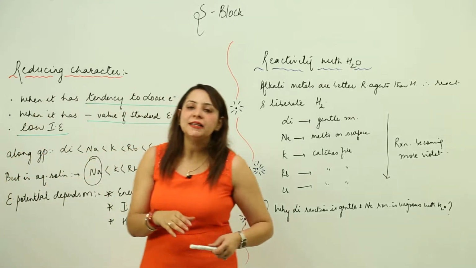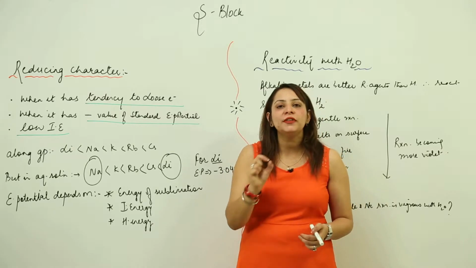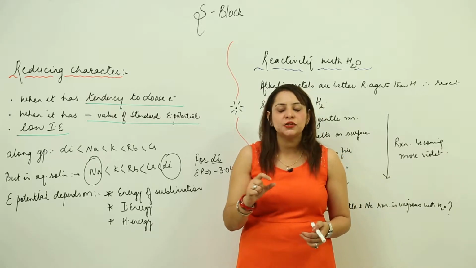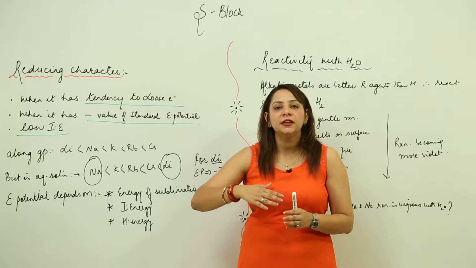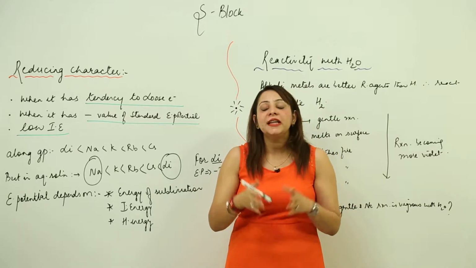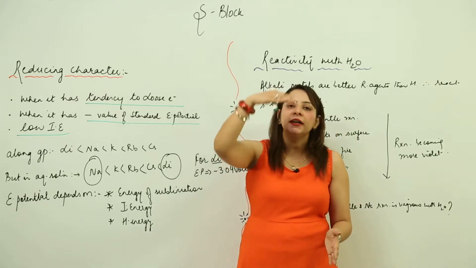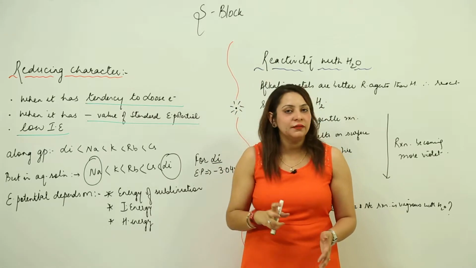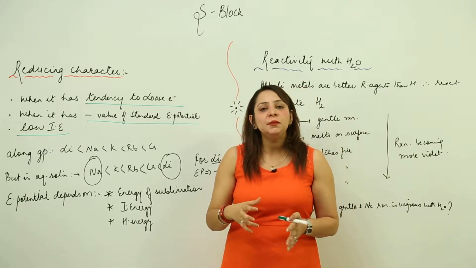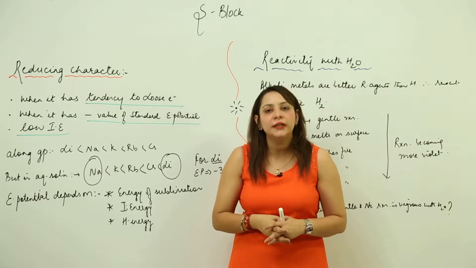Because in the electrochemical series, the ones which have negative potential as compared to the SHE can lose electrons, and they act as reducing agents. In that electrochemical series, all the negative ones are placed below hydrogen in the middle, and above are those with positive values of electrode potential. So the ones present in the lowest positions also include the alkali metals.